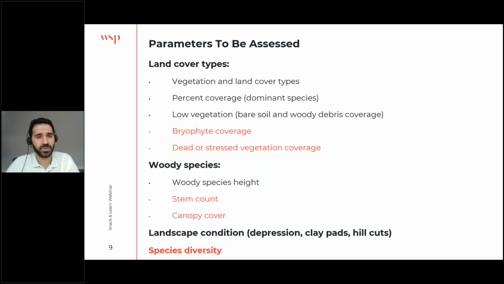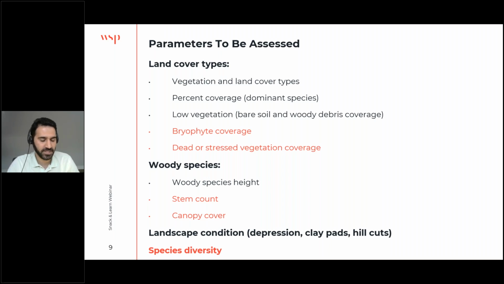I divided them into 2 groups, black color and red color. Black parameters are those we had to assess based on reclamation regulation. But the red items are those that we thought we could get using remote sensing as an added value, and to show the advantage of remote sensing compared to helicopter survey.